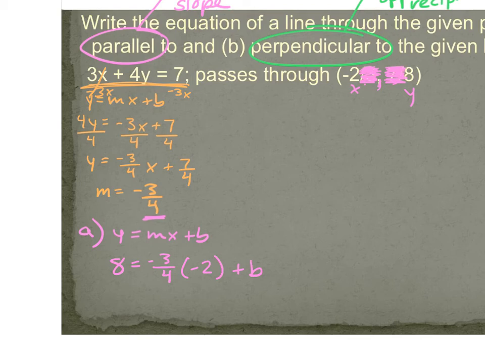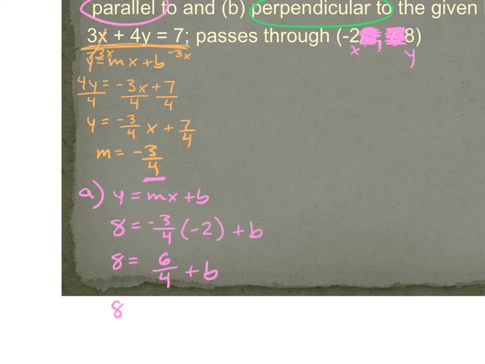So now we just solve for b. We have 8 is equal to, we need to multiply negative 3/4 times negative 2. We multiply our numerators together, so negative 3 times negative 2 is positive 6. So we have 6/4 plus b. 6/4 simplifies to 3/2.